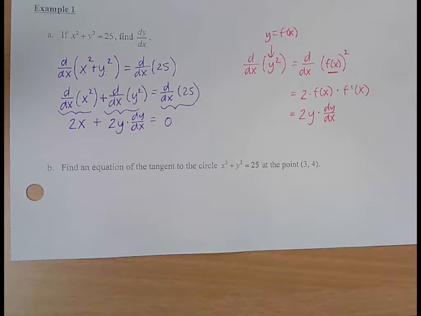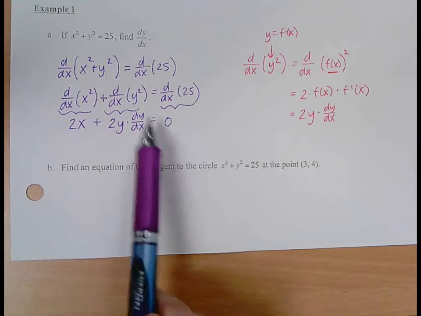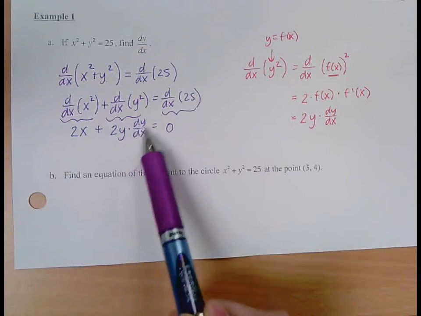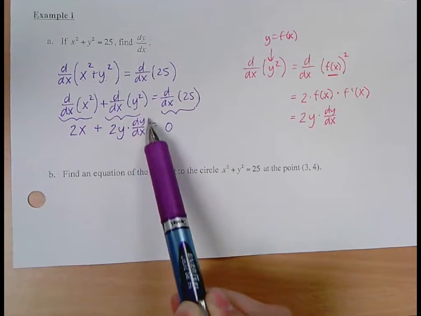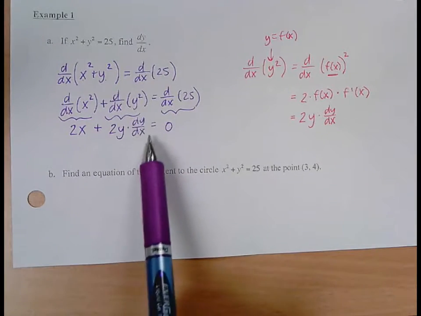Which would be y prime if you'd rather write y prime. Okay? So once you've taken the derivative of everything, and this is also why you need a y prime or dy dx, now you solve for this. Because ultimately that's what we're trying to find. So we have to solve for this.